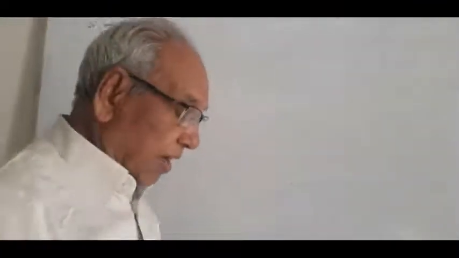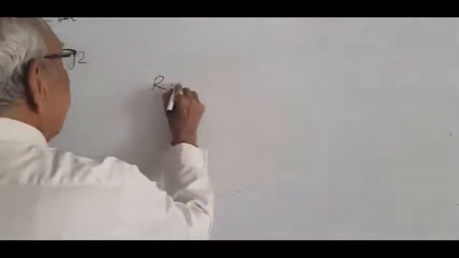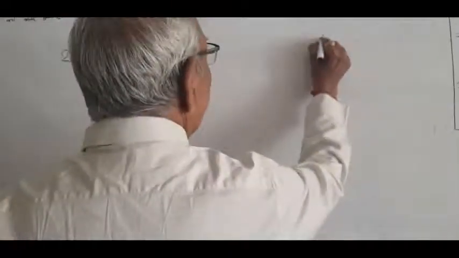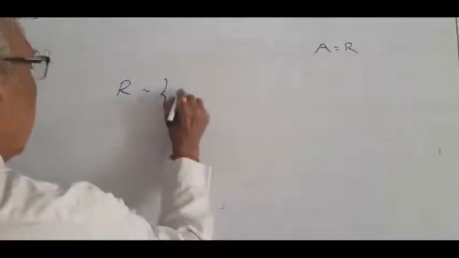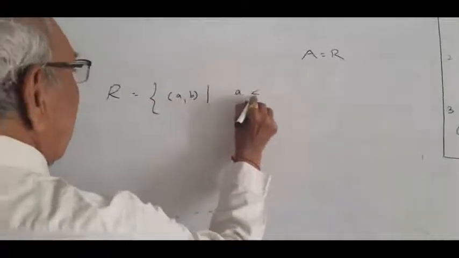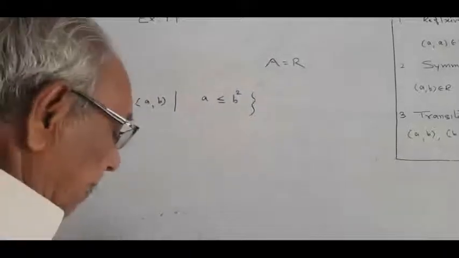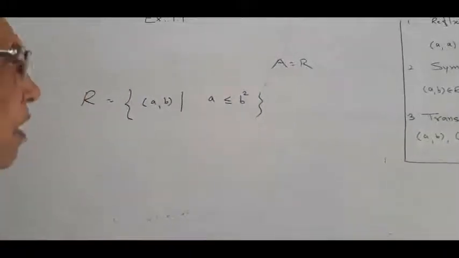Now, question number 2. Show that the relation R in the set R, here the relation R is in the set of real numbers, means here A is equal to R, and R is the set of ordered pairs (a, b) where a is less than or equal to b square, is neither reflexive, nor symmetric, nor transitive.